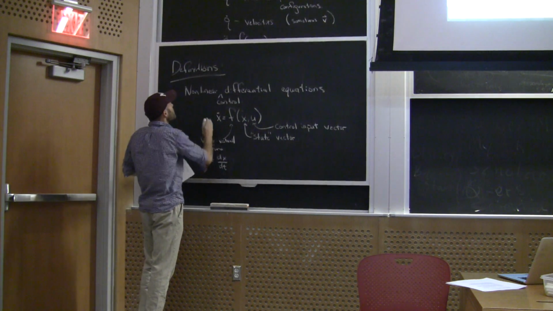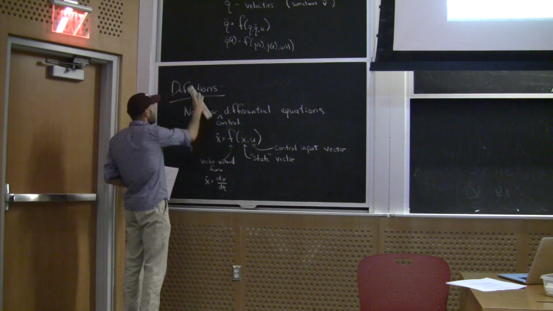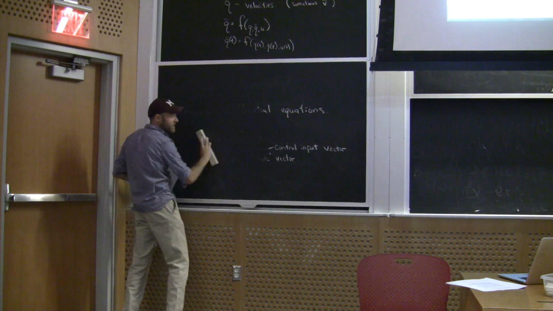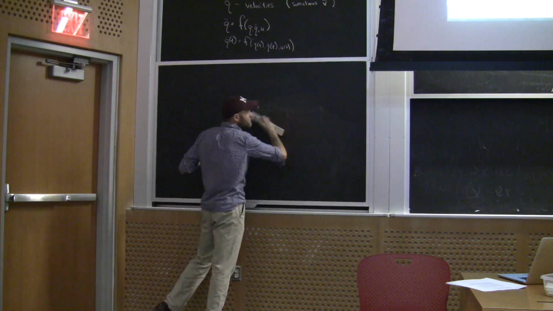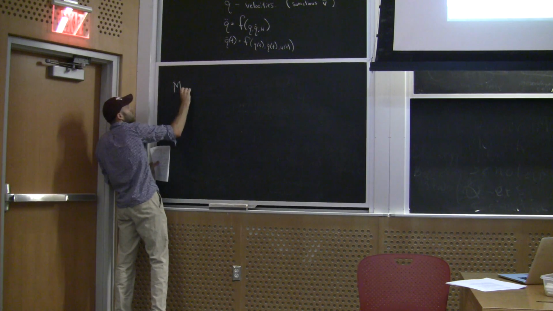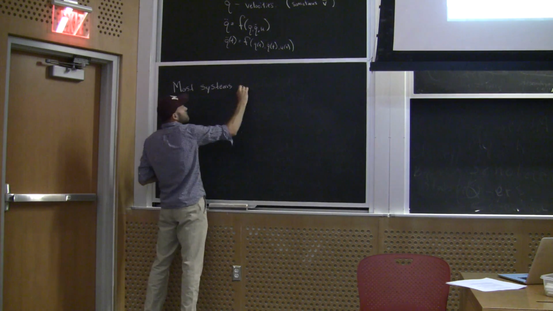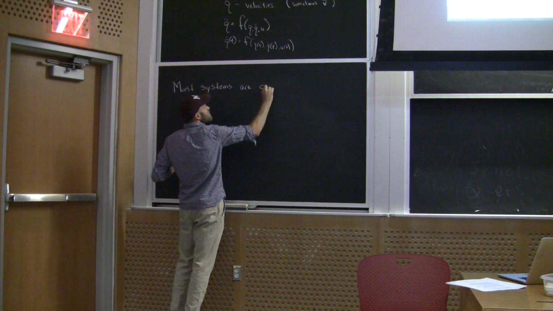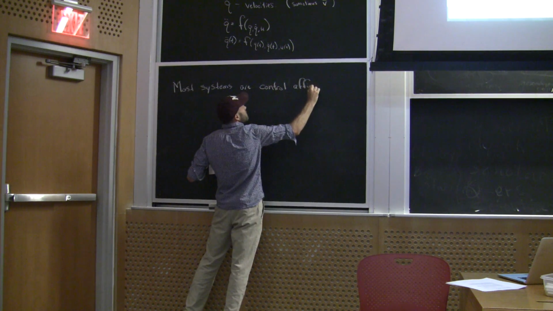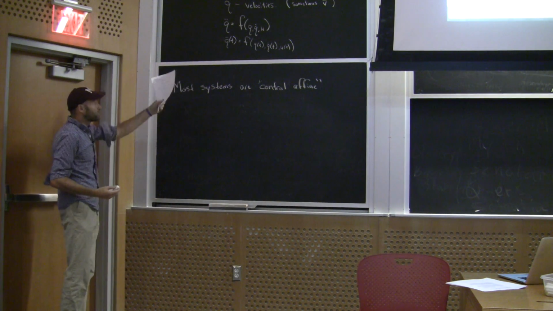It's not just that they're second order. Almost every system we care about in this class and in life has an additional property that it's control affine. Okay? So that means u enters the equation in a very particular way.